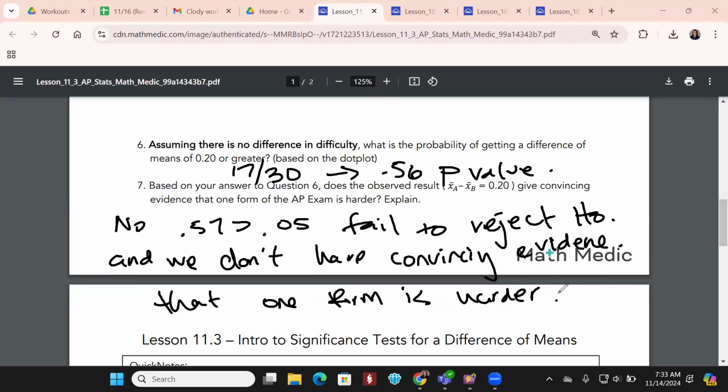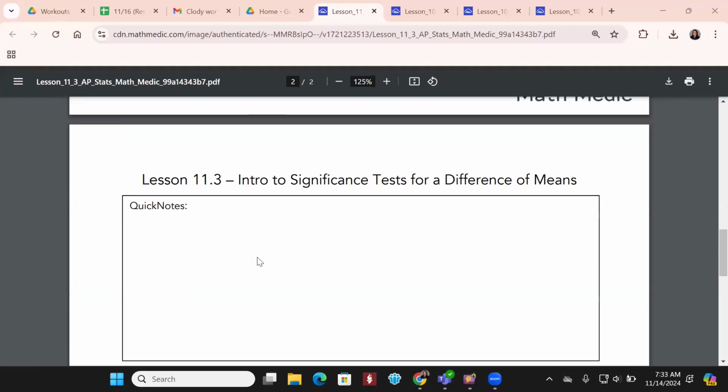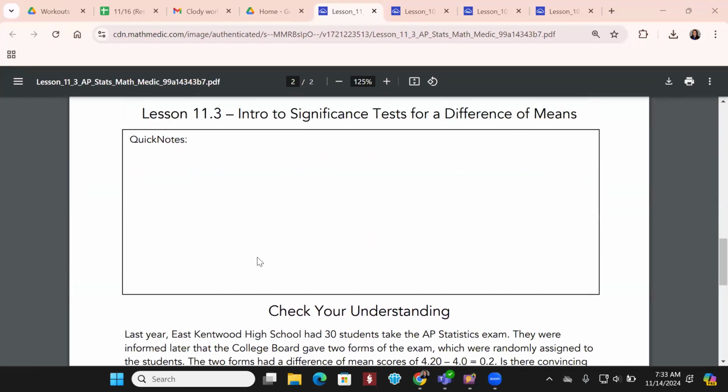Flip the page. All right, on this one, we talked about hypotheses, same as before.